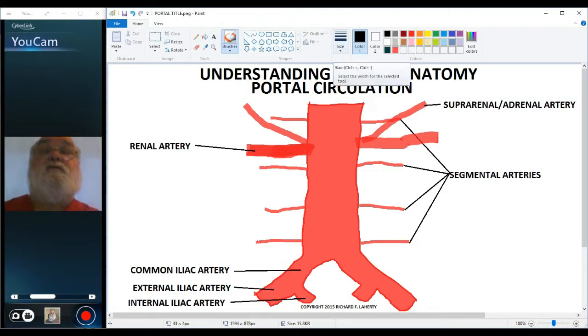We'll have originating just inferior to the renal artery a pair of gonadal arteries which originate up high and then descend down into the pelvis.